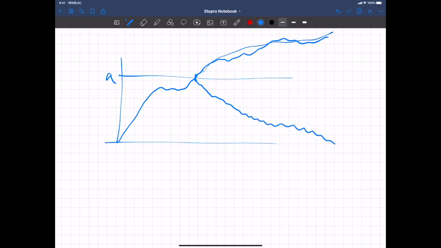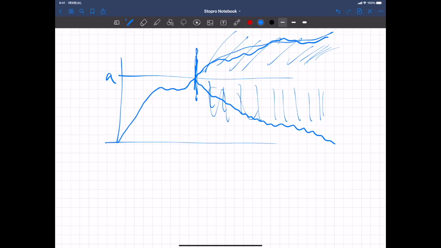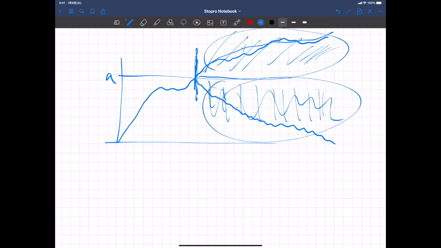Because of the symmetry of this random walk or Brownian motion, the probability after this point that x of t is greater than a in this region is equal to the probability of this part, because the random walk is symmetric. So after this point, the area of this is the same as the area of this.